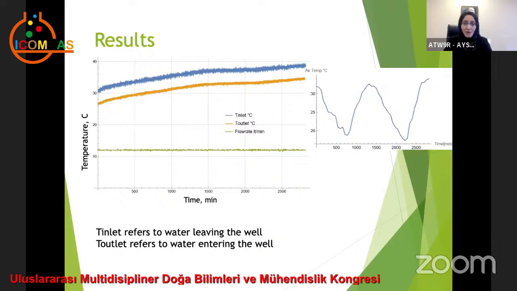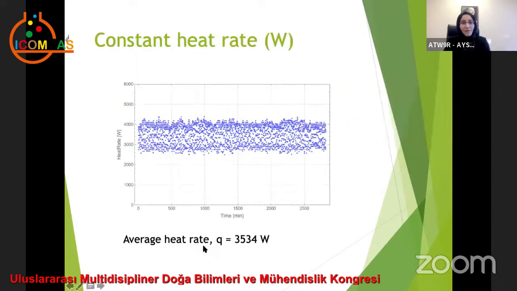And the figure at the right shows the air temperature change. And this is why we have some disturbance here, because of the sudden drop in air temperature. And the T inlet refers to water leaving the well, and T outlet refers to water entering the well. And the test is run under the constant heat rate.